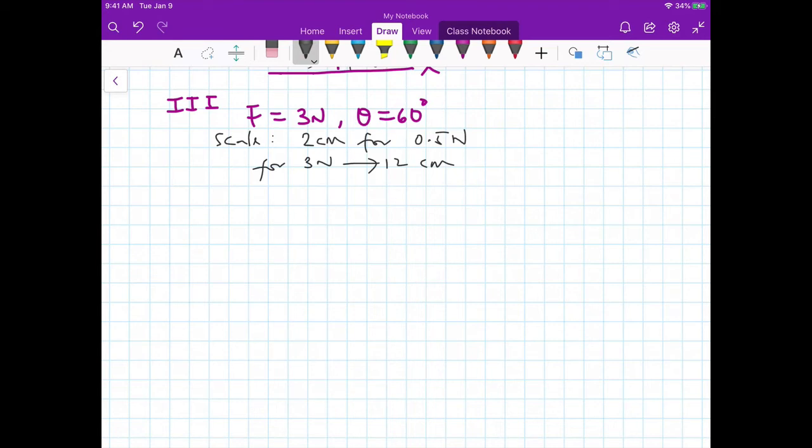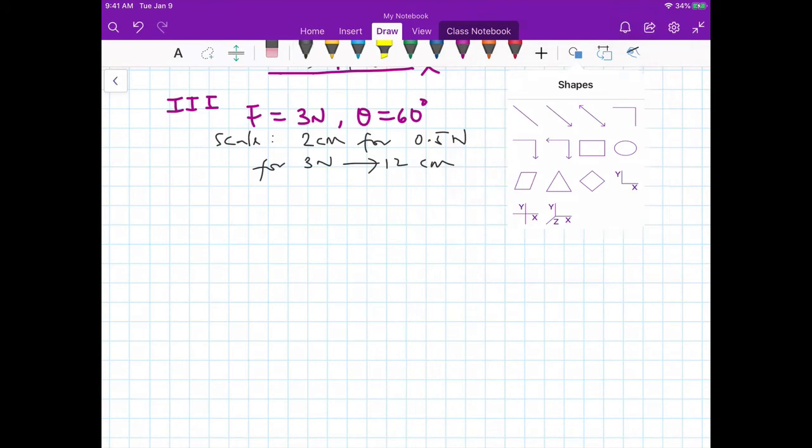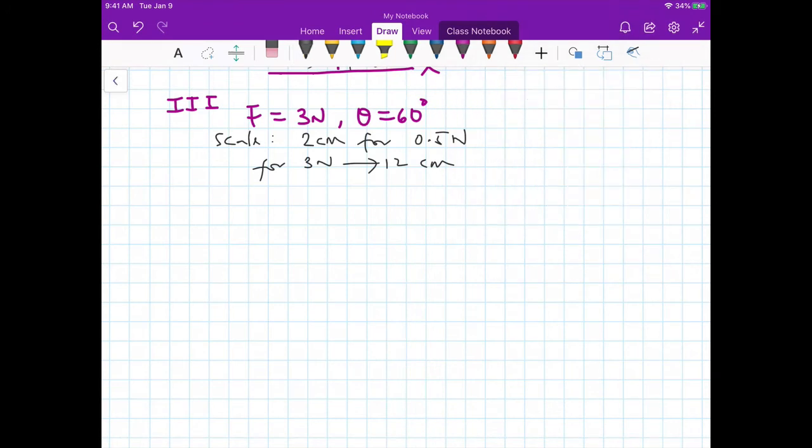Okay, so again, you'll use your ruler and your protractor, and then draw a vector. What is the length of this vector? It is 12 centimeters on the graph.